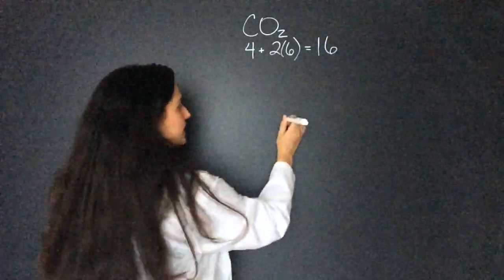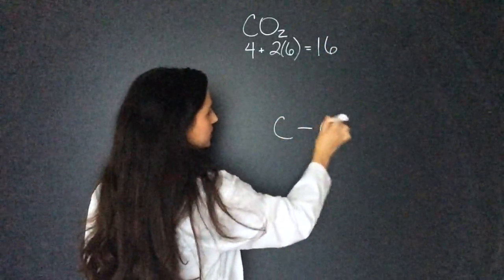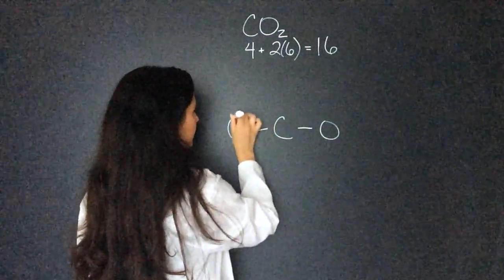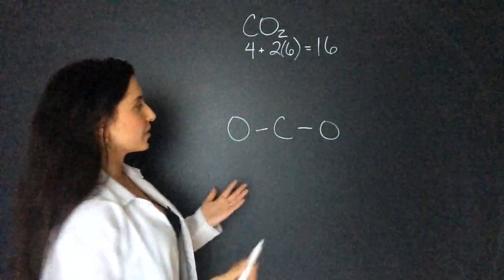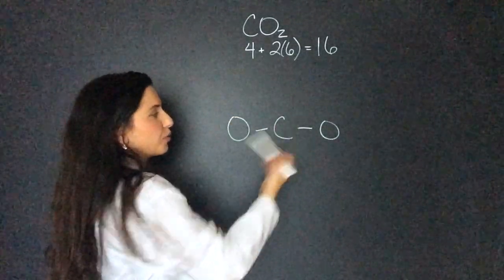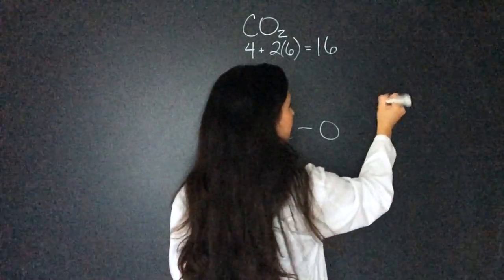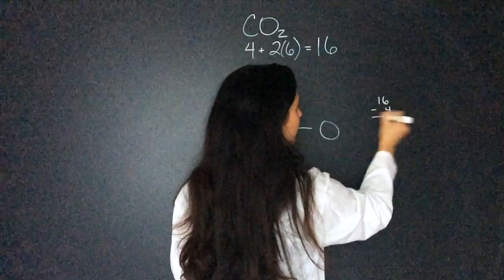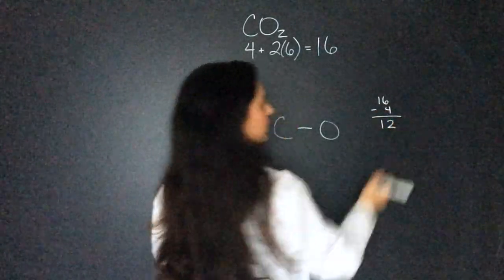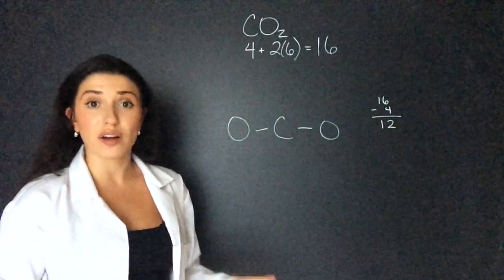I'll draw the skeleton. Carbon bonded to 2 oxygens. And altogether here, I have 4 electrons in the bonds. So 16 minus 4 is 12. So I have to add 12 electrons.